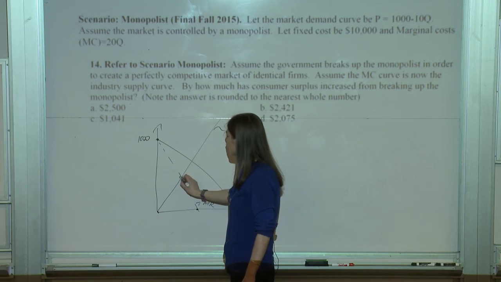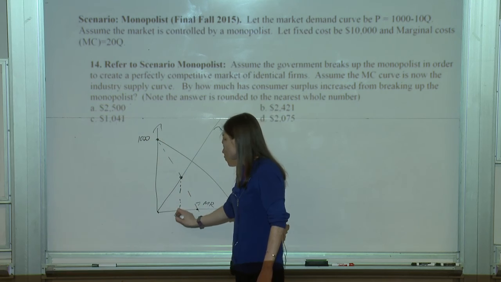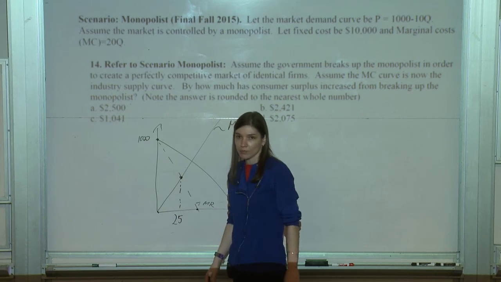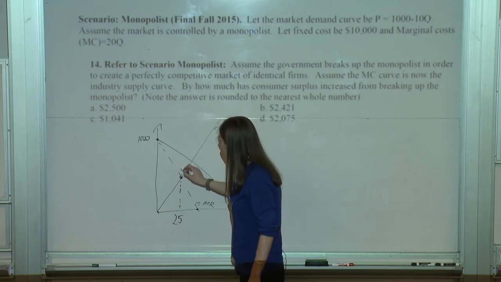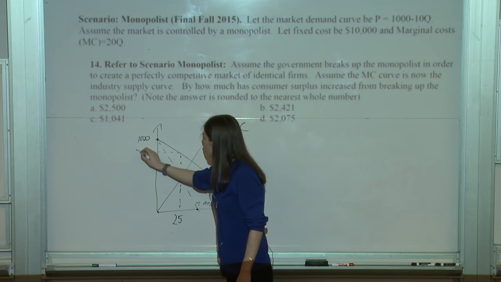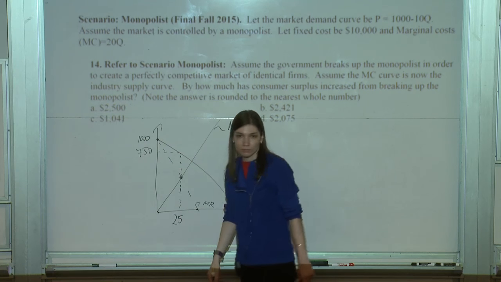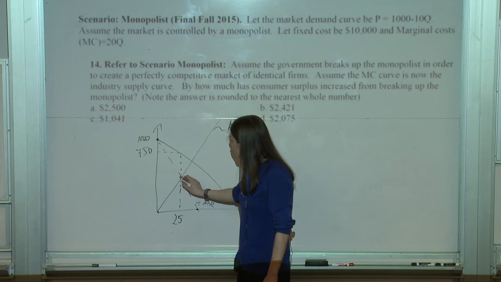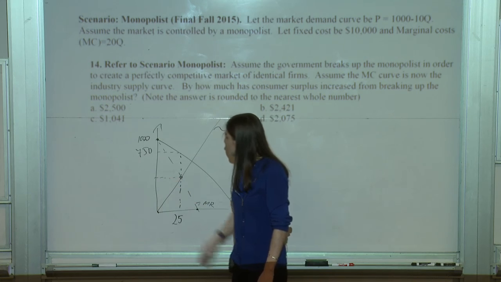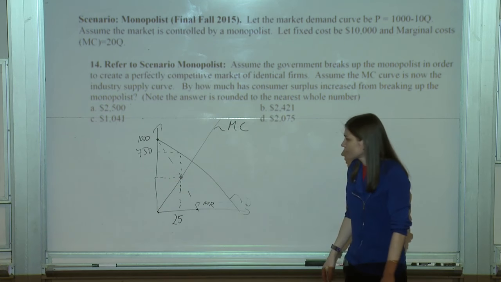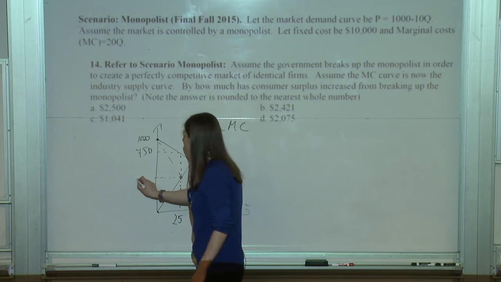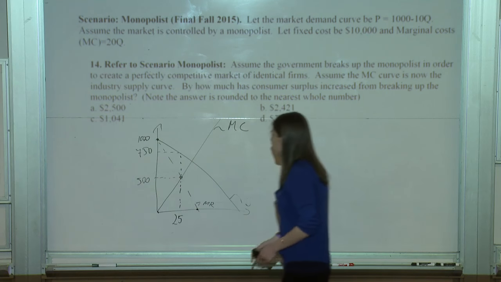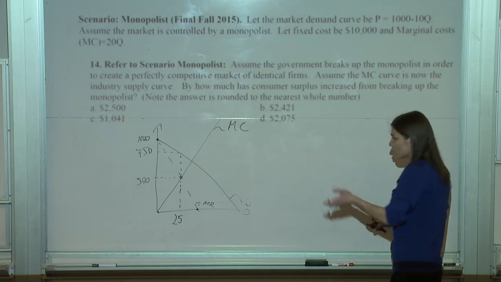I know that they intersect at this point, which gives you a quantity of 25. Right, that was the optimal quantity. The price I found was 750. Right, that was the monopolist price. What was this point? I just found that as well. That was 500. All right. So that's what I know so far.